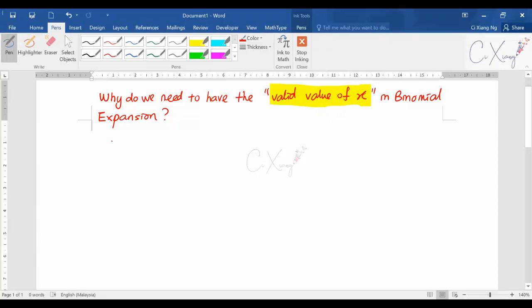So maybe we start from a very simple binomial expansion first. If let's say I'm having (1 plus 3x) power half, and I apply the binomial expansion until x power 3, my answer should be 1 plus 3 over 2 x, minus 9 over 8 x squared, plus 27 over 16 x power 3.